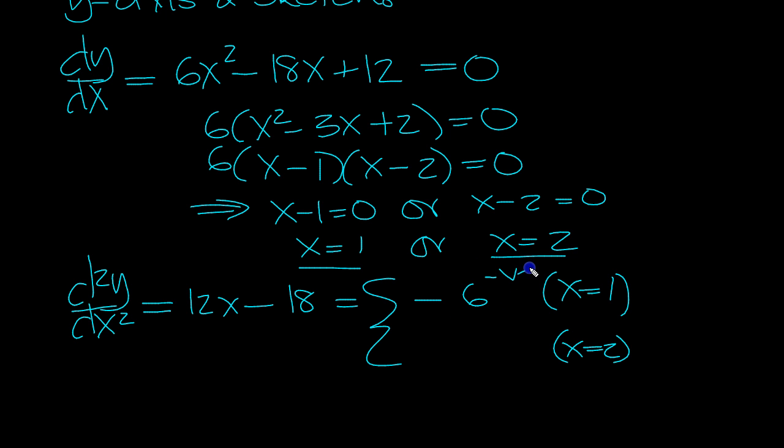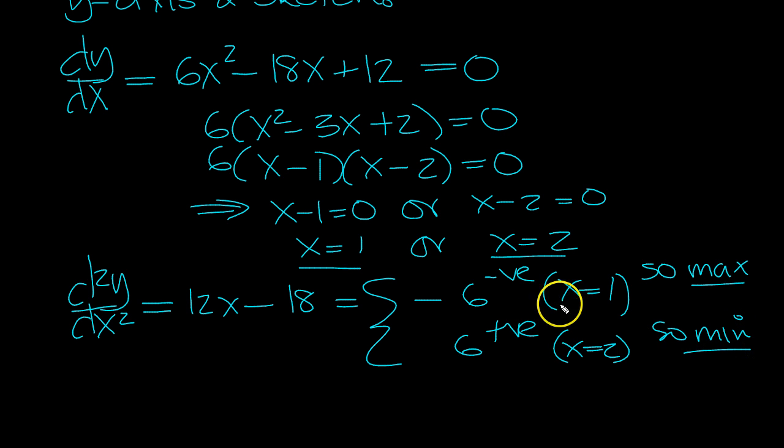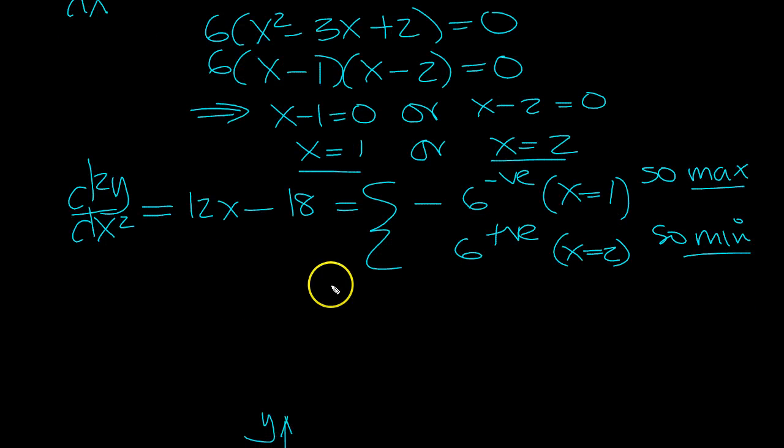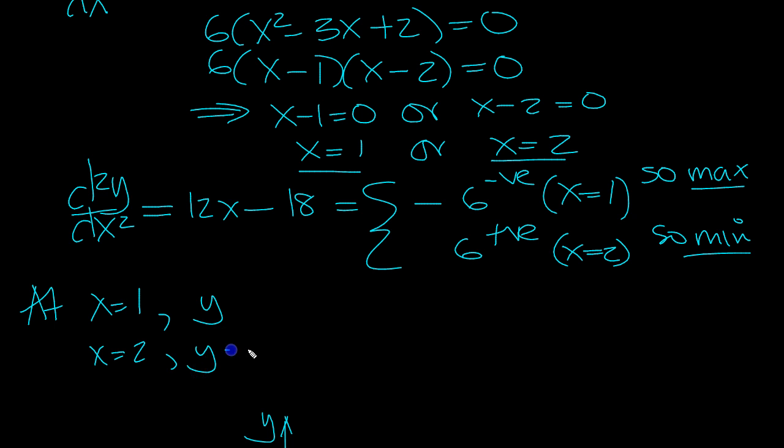So that's negative, so max. And this one, put 2 in. 24 minus 18 is 6, positive. So min. So we know that this is a max, we know this is a min. We don't know how high or low they are because we haven't got the y values. So let's get the y values. So at x equals 1, x equals 2, y equals.